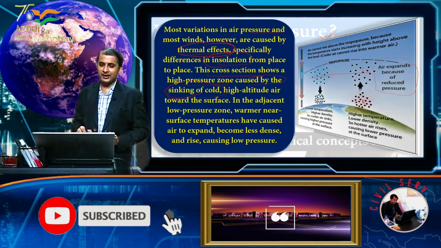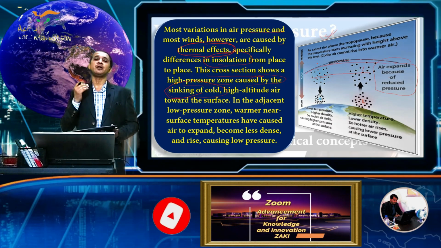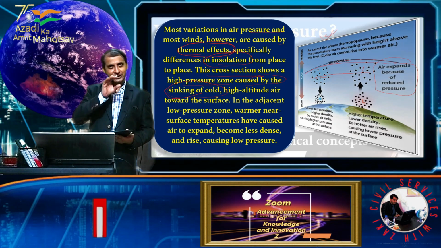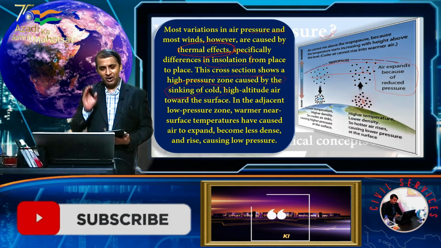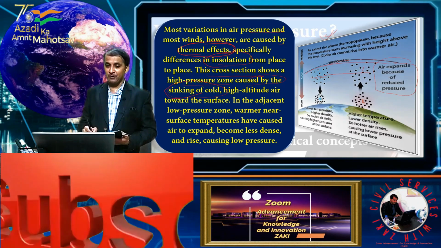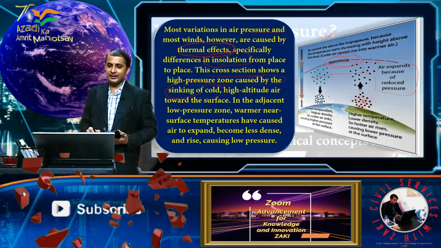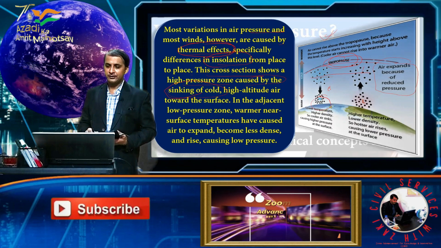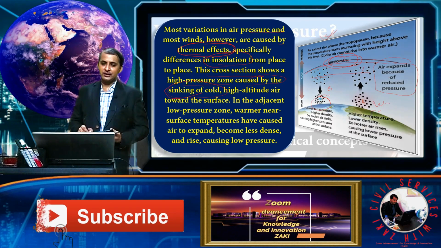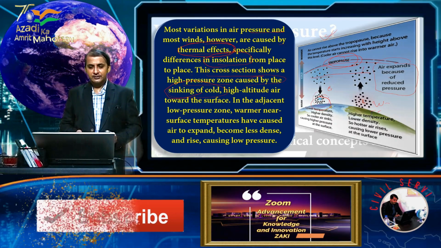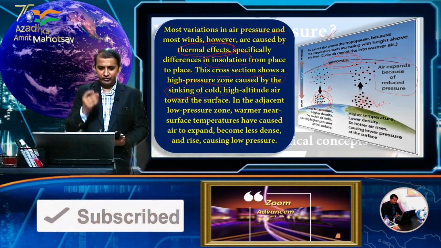As you know, most weather phenomena are related to the troposphere and confined within a boundary, and this boundary is called the tropopause. So here is a cooler place, cold, and here is the warmer place, warm. If we see the cooler place, the molecules are stuck close together.